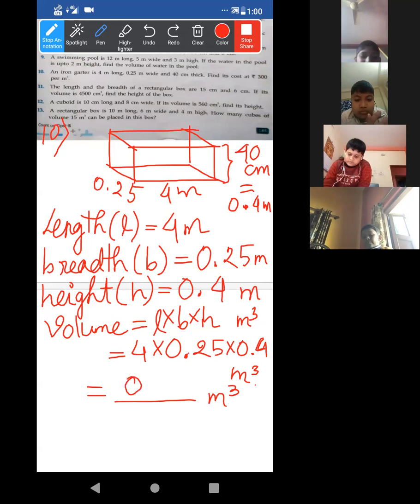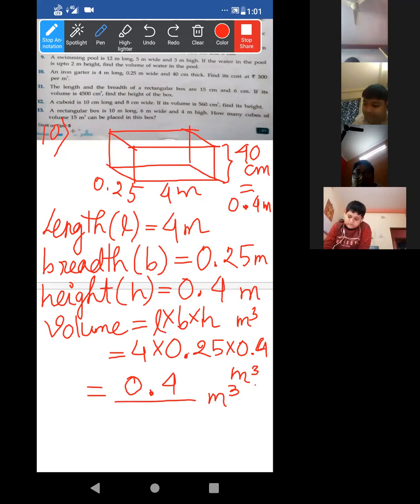Meter cube, okay? Yes, ma'am. This one is correct. What Suhana was telling is the cost of iron girder per meter. Directly, she was telling the answer, directly multiplied by 300.